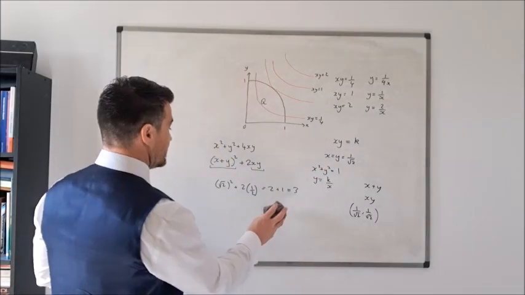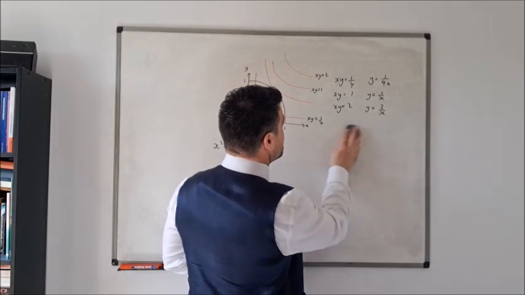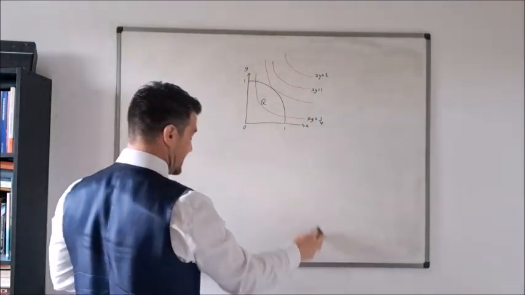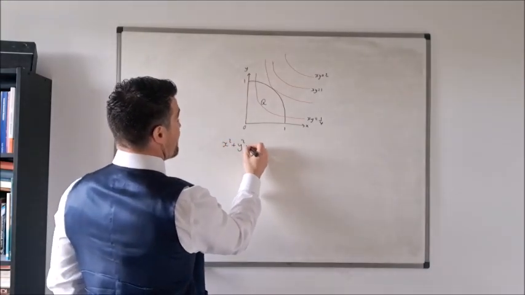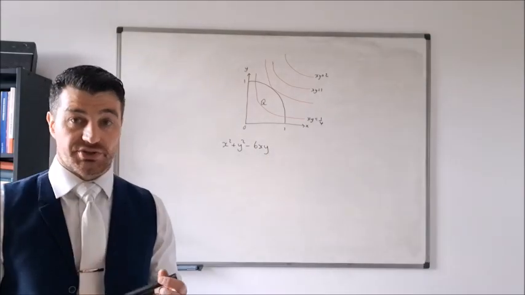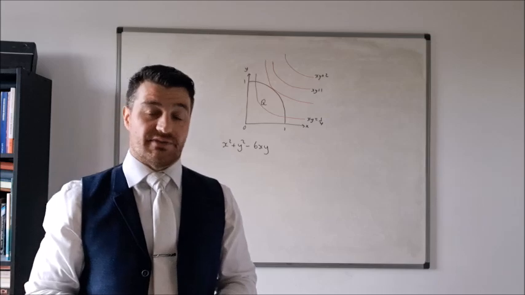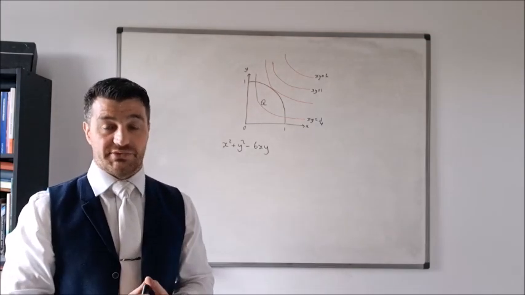So let's go for the next part, which is we need to maximize the expression x squared plus y squared minus 6xy in the region Q. Okay, so here we arrive at a situation, as we'll see, where we can't do what I've just done.